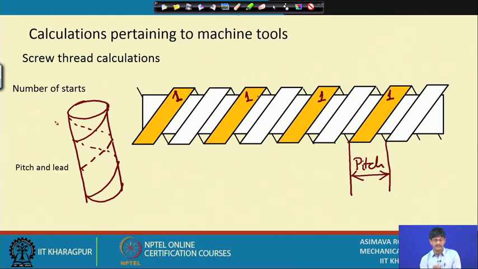So, parallel helices, just like you have two parallel spiral stairways. What purpose does it serve? If you have 3 helices or 4 helices or 5 helices, it is called multi-start threads.